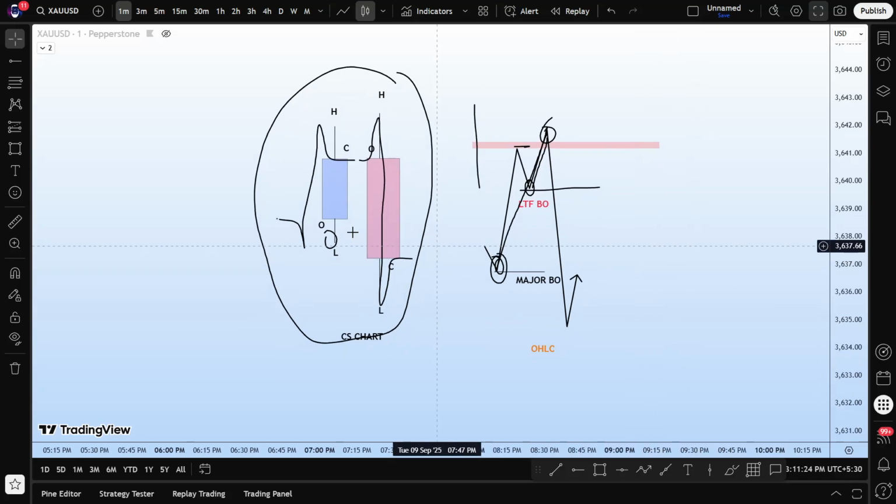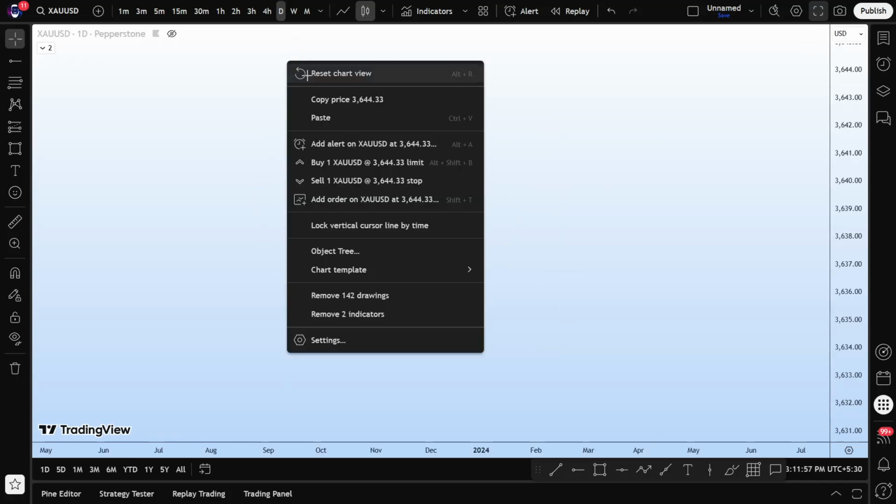So let's say if this is a daily bearish engulfing pattern, we are more likely to see that the 4-hour or the hourly time frame will have a breakout, or you could say engulfing failed in terms of the engulfing concept.